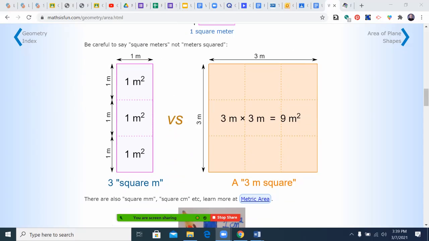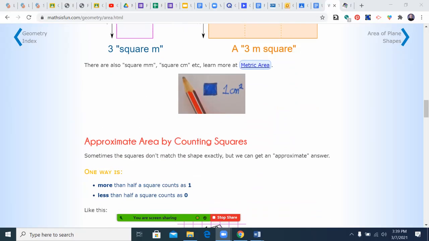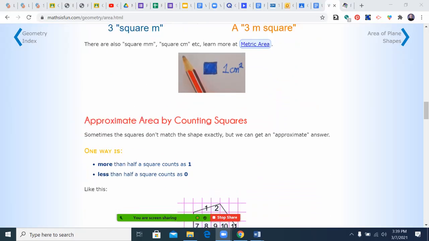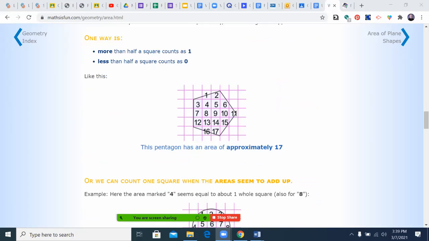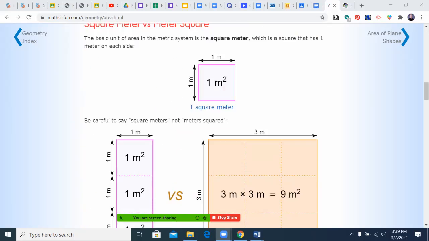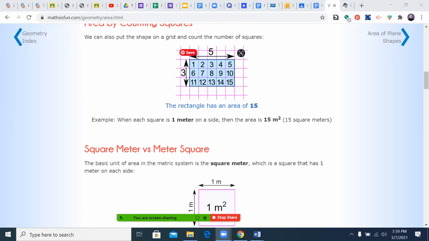Even though the text up here says don't say meter squared, I hear that a lot, and it'll be all right. It does get more difficult when you get some of our other shapes, and we're not going to worry about these today. Every one of ours today will have a rectangular shape of some sort.